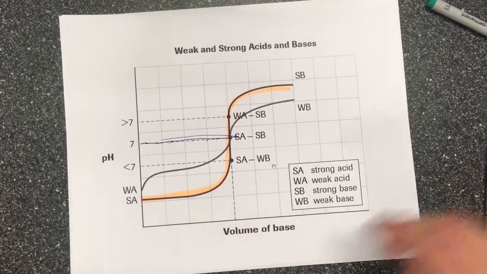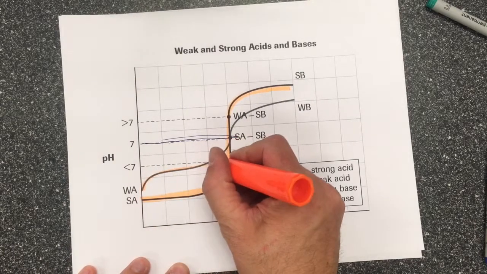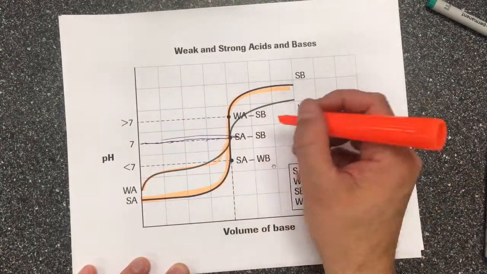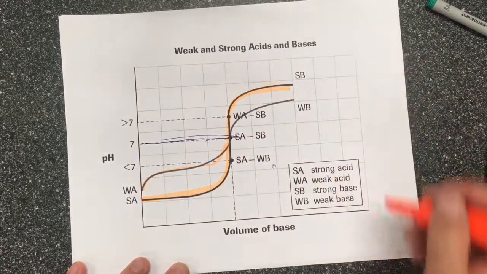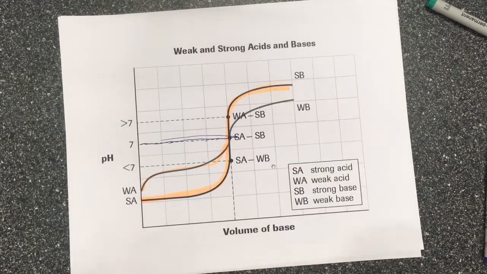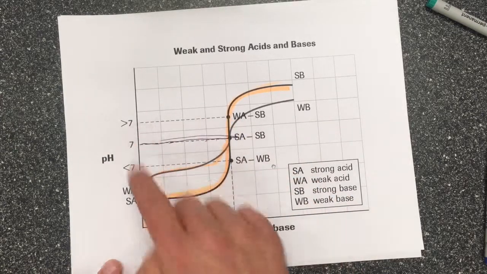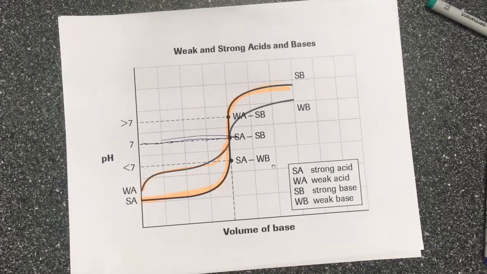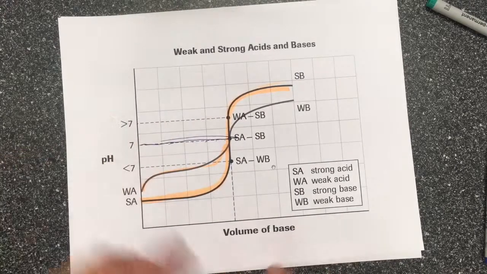If instead I had a weak acid and I had a strong base added to it, it's going to go like this, and you would expect its equivalence point to be greater than 7. Because it's a weak acid, it's not going to be super great at reacting with a strong base, so its equivalence point is greater.